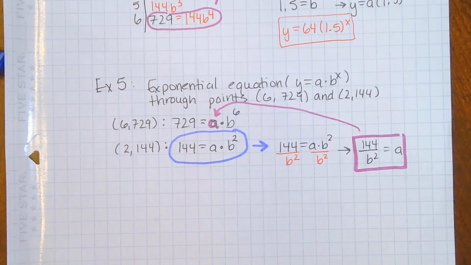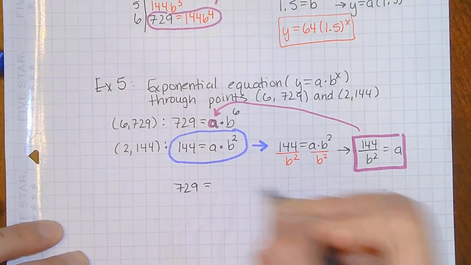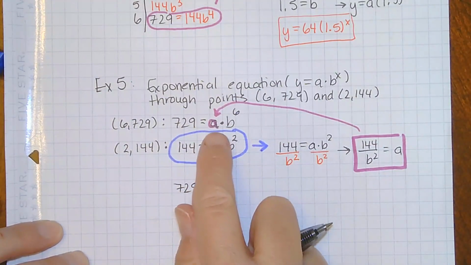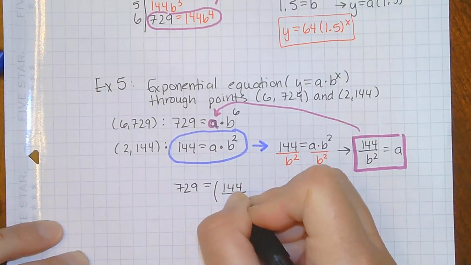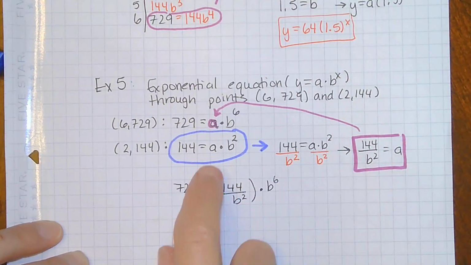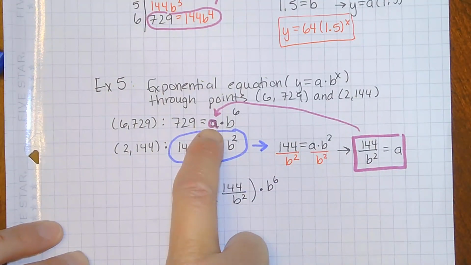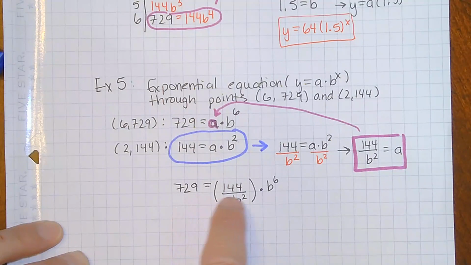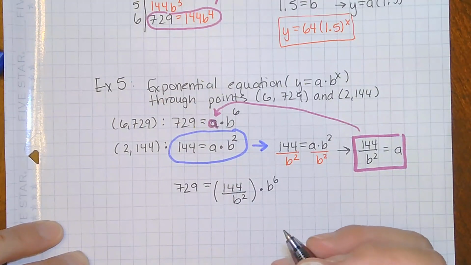So now I'm going to take 729 is equal to, instead of my A, I'm going to put what A is, which is 144 over b squared, times b to the 6. So I substituted my 144 over b squared in for my A. So again, it was 729 equals A times b to the 6, and I substituted this in for A. So now I'm going to clean this up a bit.